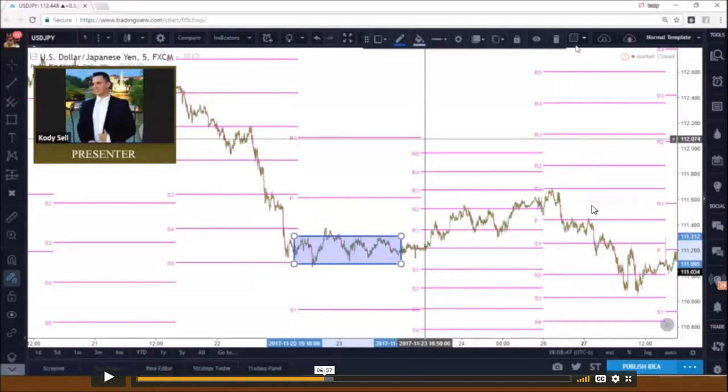Over here with the resistance levels, when it starts to go bullish and it starts to go up, you can't see that section of the screen, but it will be just the opposite. Every time you break a resistance level and retest, you want to get in for the buy.